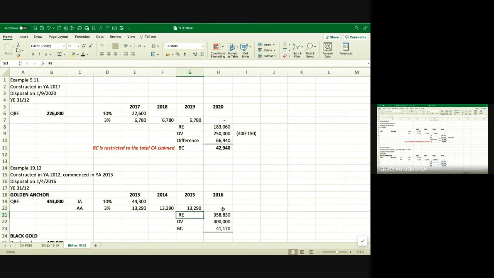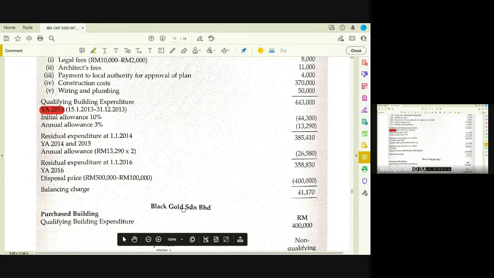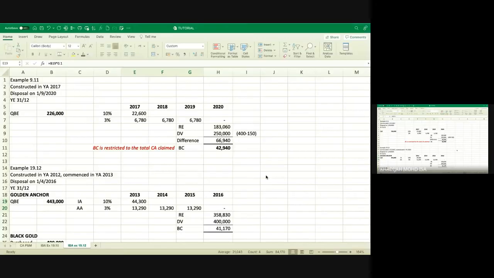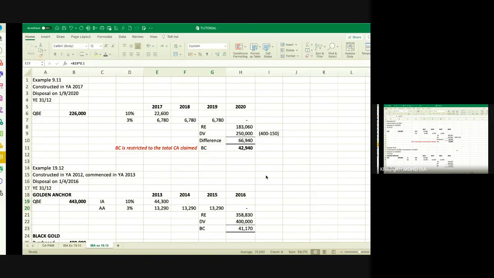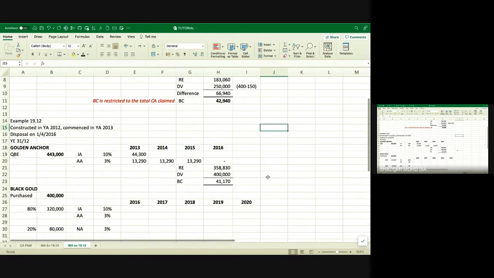Your RE is your 443 minus all allowances that you have claimed. In this case, how much is your RE? RE is 358,830. Look at here, 358. This is your RE. It is the same 358,830, but I prefer this kind of working because it's simpler, it's faster, there is less confusion. So compute your RE. RE is 358.